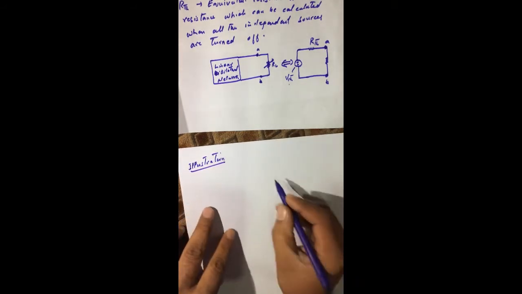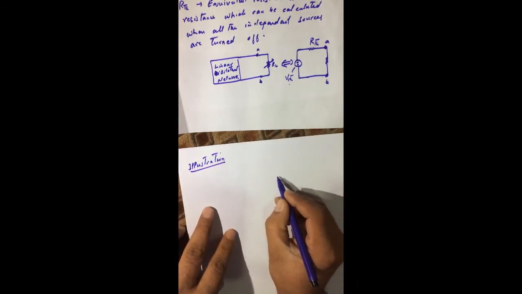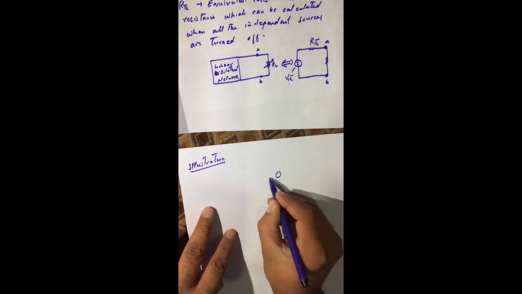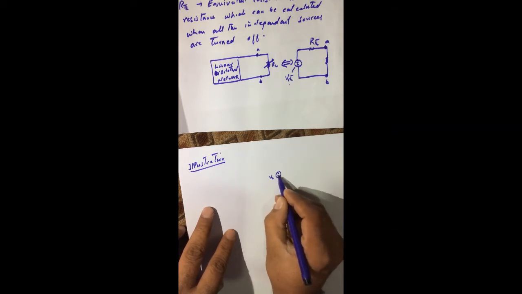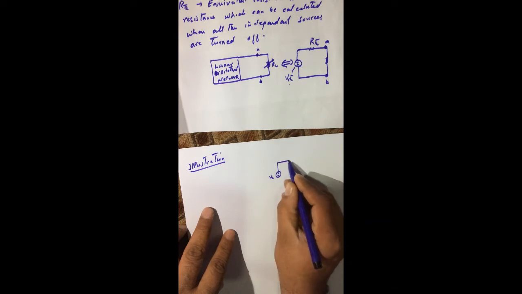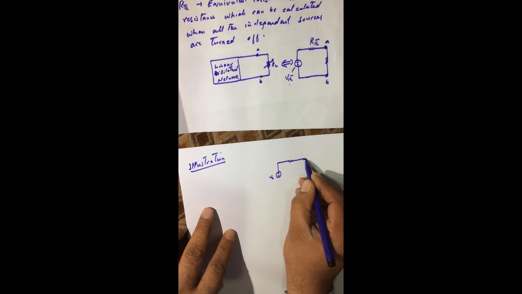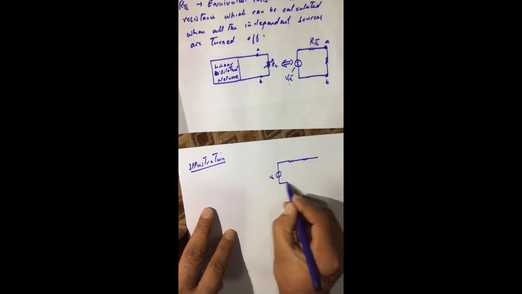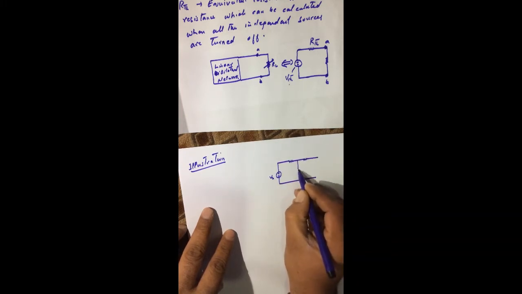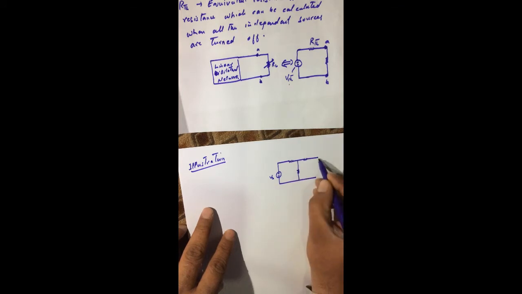Consider a network. Suppose we have this network which I already discussed before. This is the voltage source, here this is the positive terminal and this is the negative terminal, and we have three resistors connected in this way, and here we have the two terminals, terminal A and B. This is terminal A and this is terminal B, and we have the load resistance across this terminal.